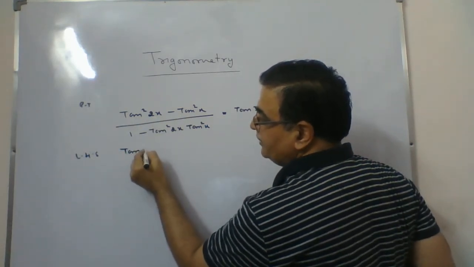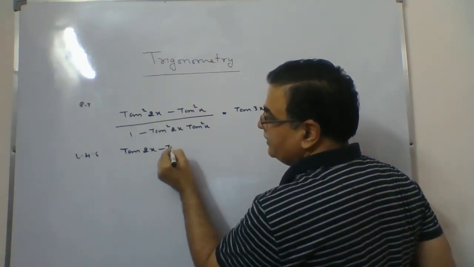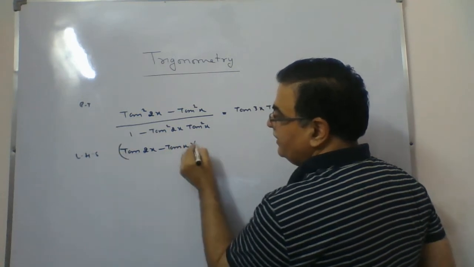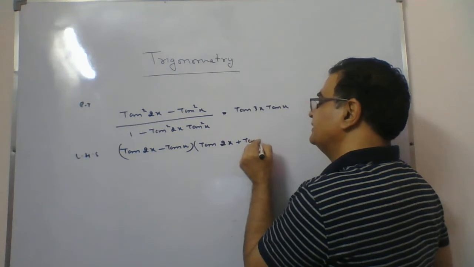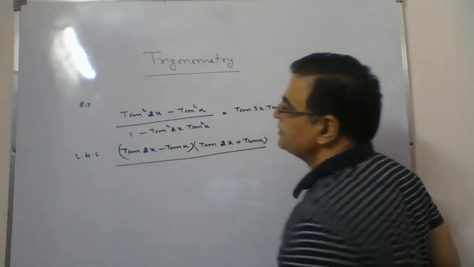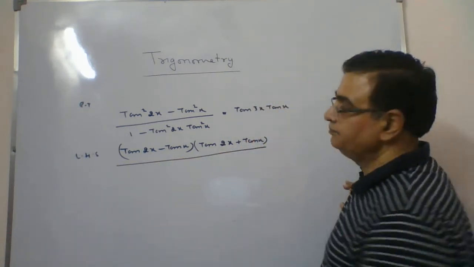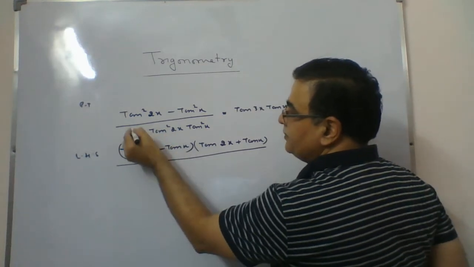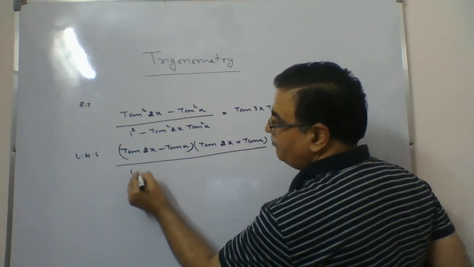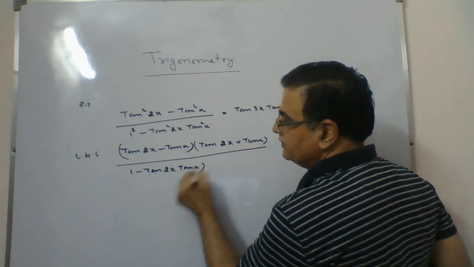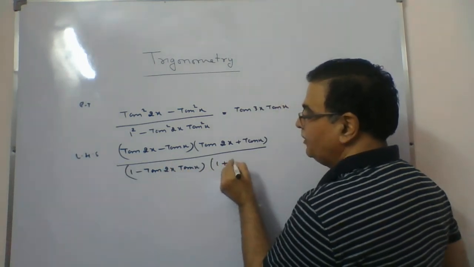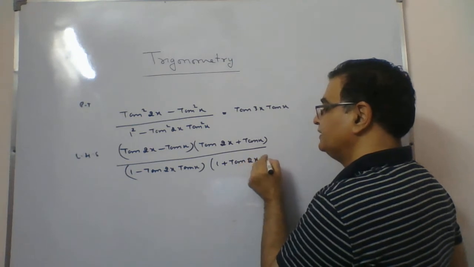So I should write this as tan 2x minus tan x, and here it will be tan 2x plus tan x. Same result goes in the denominator, a square minus b square. So I should say 1 minus tan 2x tan x, and here it will be 1 plus tan 2x tan x.